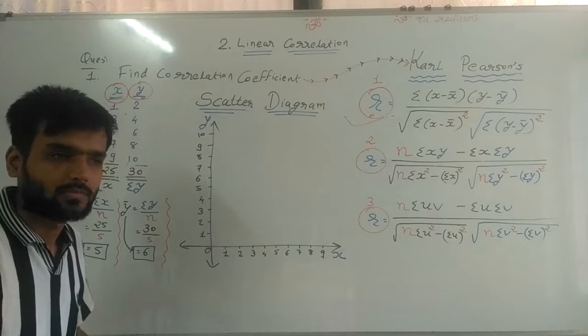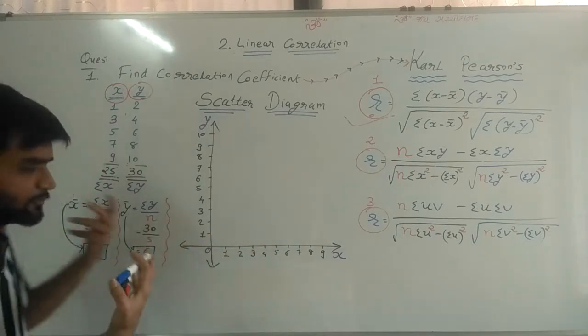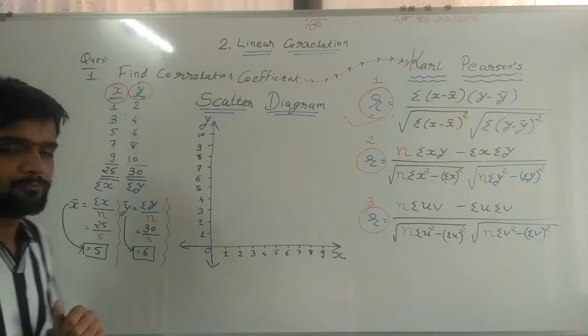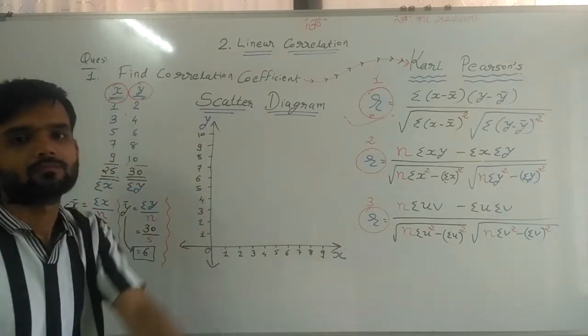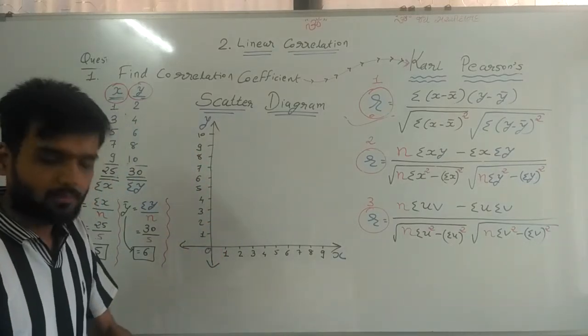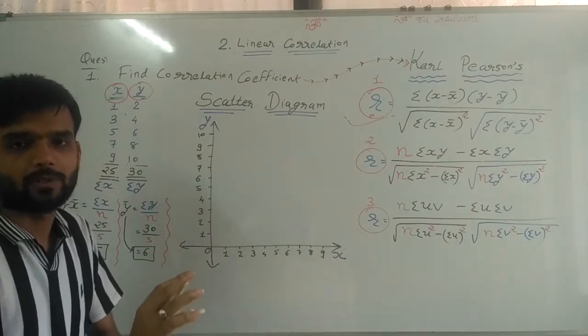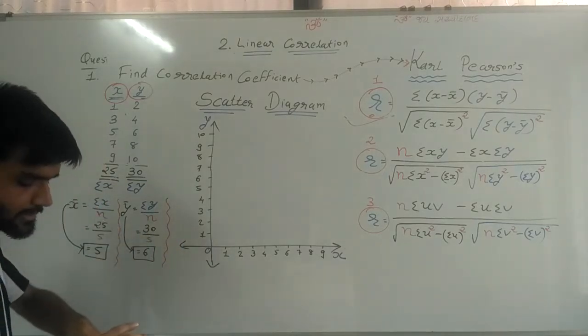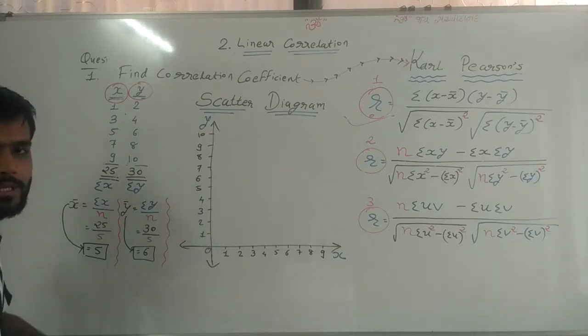Here 1 scale is okay, that's why I have prepared with 1 scale, 1 square. Now plot the numbers on the graph paper. See very carefully and understand it, otherwise a problem may arise for you.